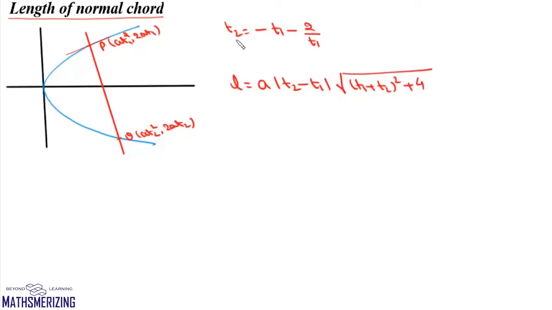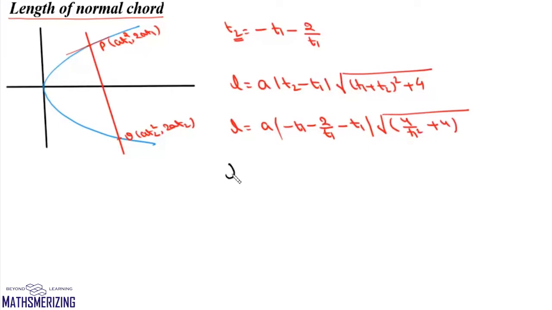Now what we'll do is replace this value of t2, so we'll write everything in terms of t1. We can write this length L as a times |-t1 - 2/t1 - t1|, and here t1 + t2 is -2/t1, so it will be √(4/t1² + 4). So we can write this length L as a, and this is (2t1 + 2/t1)... so we'll take this 2 common.